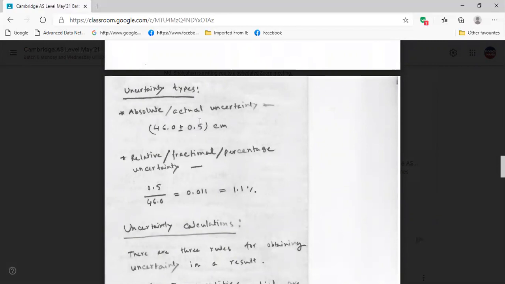Okay, look here. We got 46. This is the measured value and 0.5 is the absolute uncertainty, right? So fractional uncertainty is the ratio of absolute uncertainty and measured value.